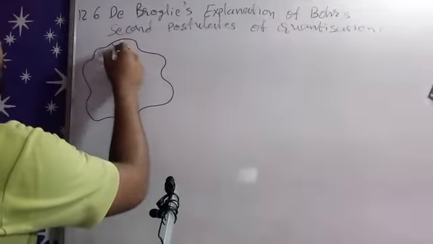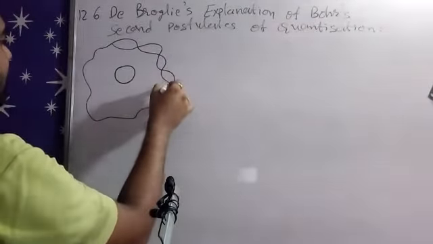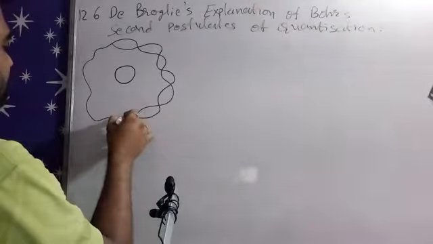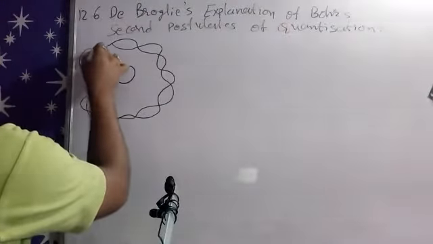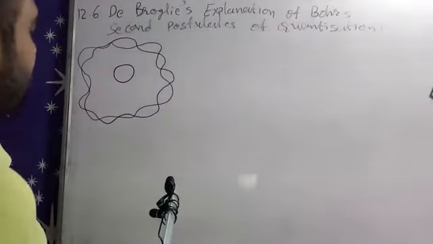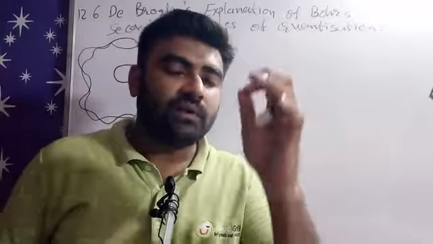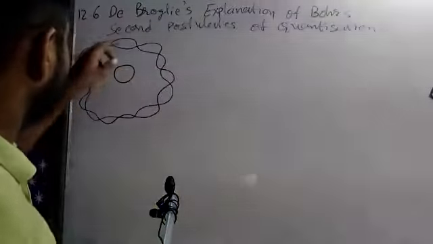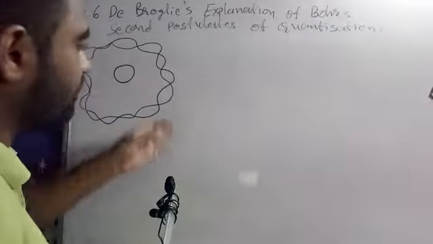The electron can also have opposite kinds of oscillations. We can't pin down the electron, only its probability, as it revolves around the nucleus. It may be anywhere in this particular orbit.